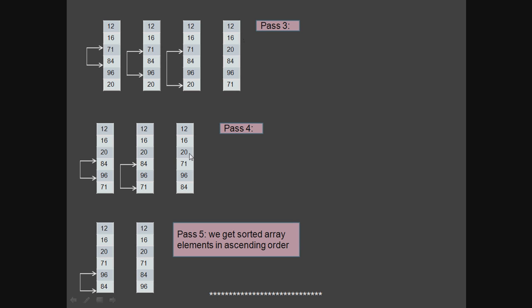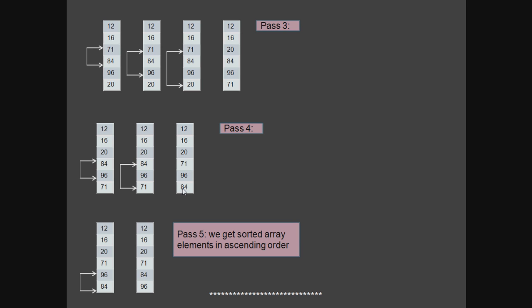Then in the fourth pass, the fourth lowest value will be in the fourth array element, and at the end of the last pass, you will get the array elements in ascending order, or sorted format. So what you have observed here is that using linear sort, you can arrange unsorted array elements in sorted format, that is, in ascending order.